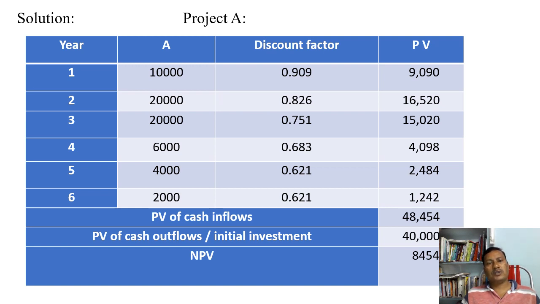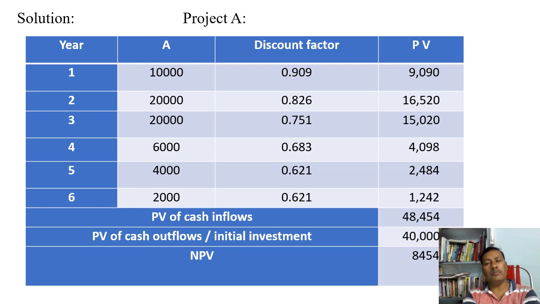Second year it gives cash inflow 20,000. Discount factor is 0.826. The present value becomes 16,520. Third year also it gives net cash inflow 20,000, but the present value is 15,020 because the discount factor is 0.751. As the year goes on, the discount factor reduces.